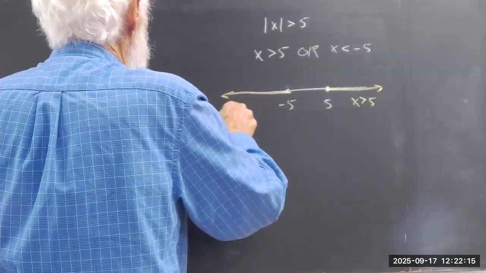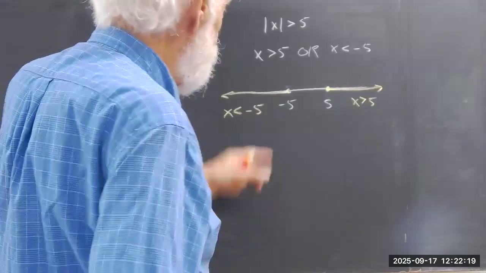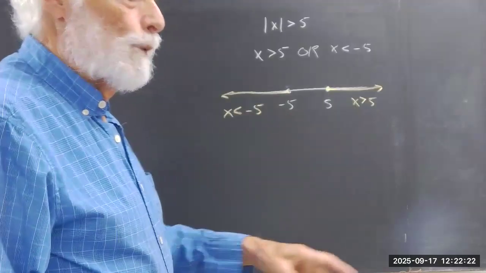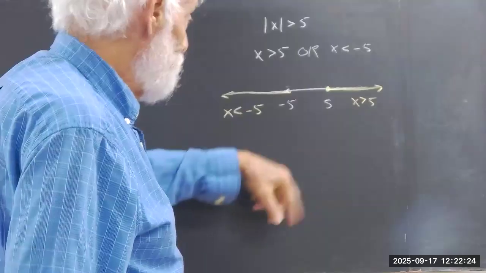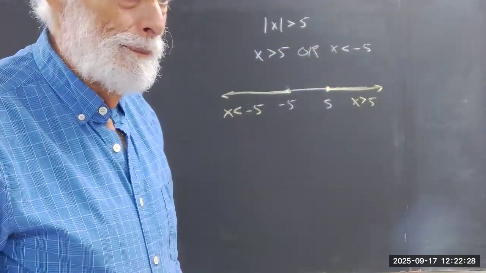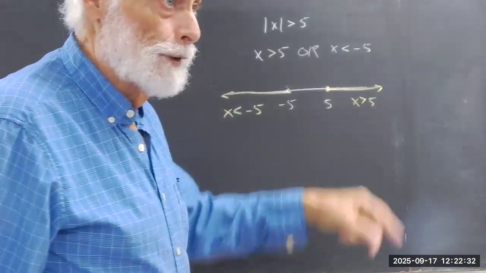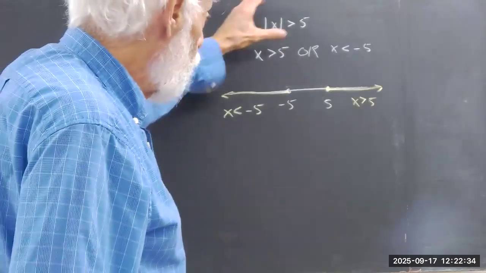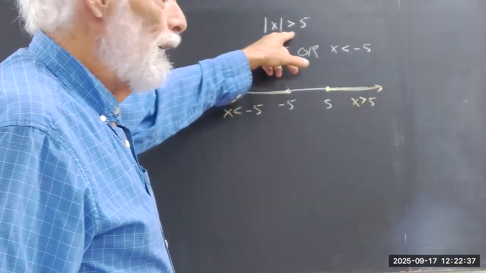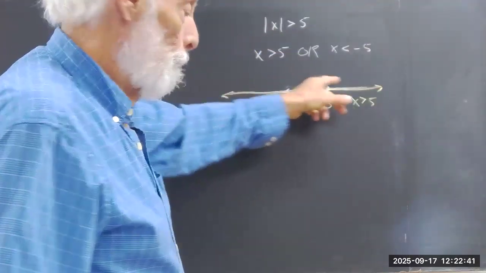Here's values of x that are less than negative 5. Can't say and, because it can't be here and here at the same time, right? It can't be on this arrow if it's on this arrow and vice versa. So there's an or in that case. So when you have an inequality greater than a number, you get this or.